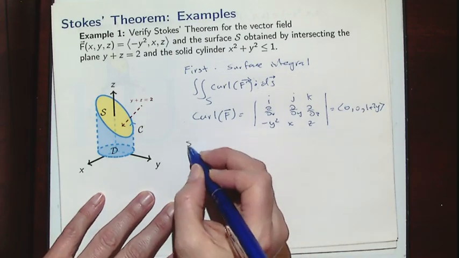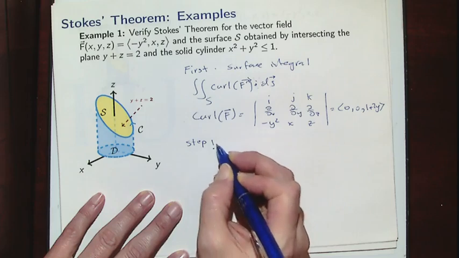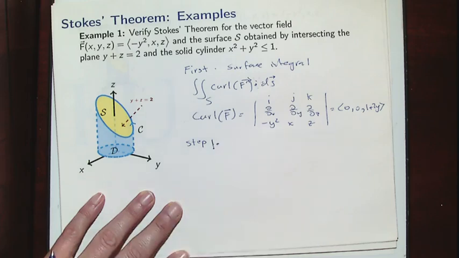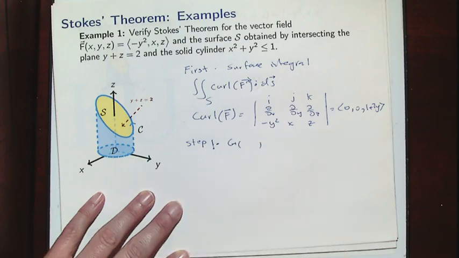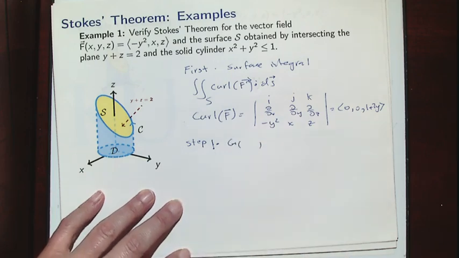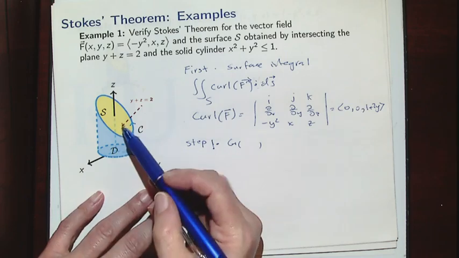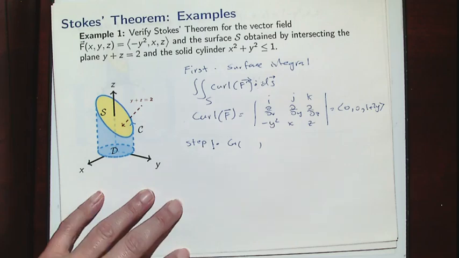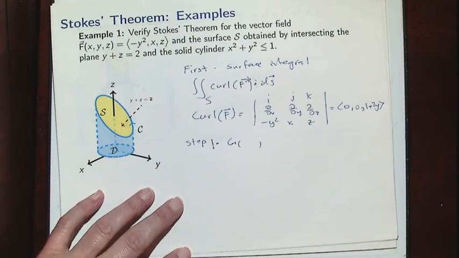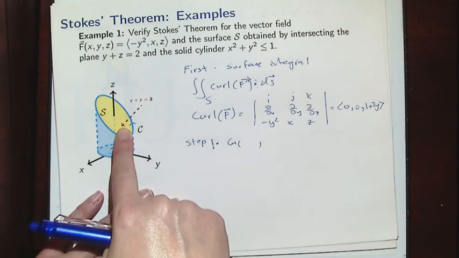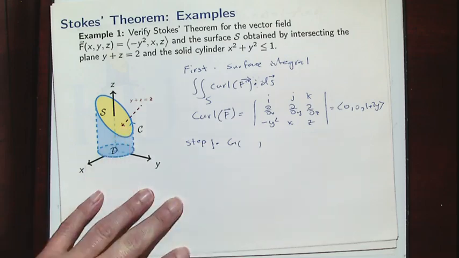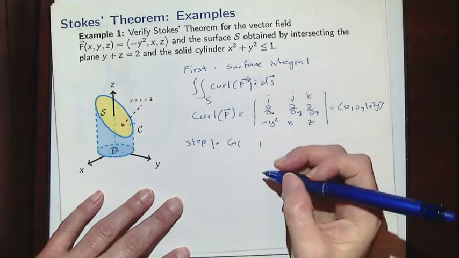Okay. Now, what do I need to do next? Well, let's say steps. Step 1, it's a surface integral, right? G of something. What should I choose for G? G is this yellow surface. What's the equation of it? It's actually a disk, but it has another equation.